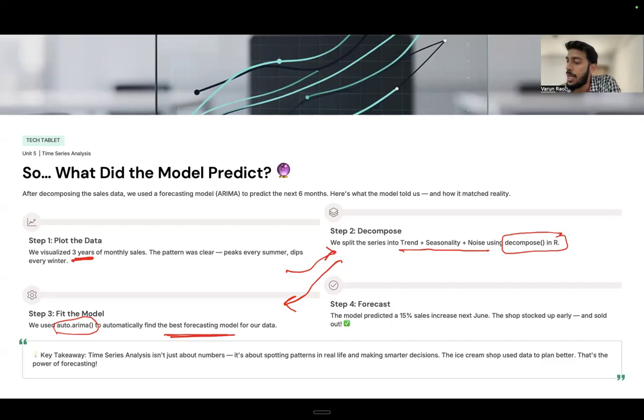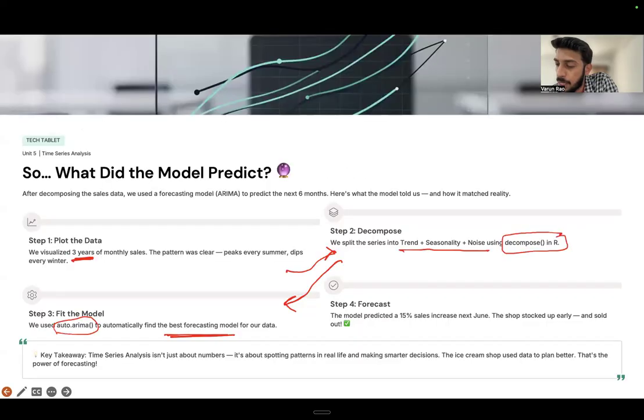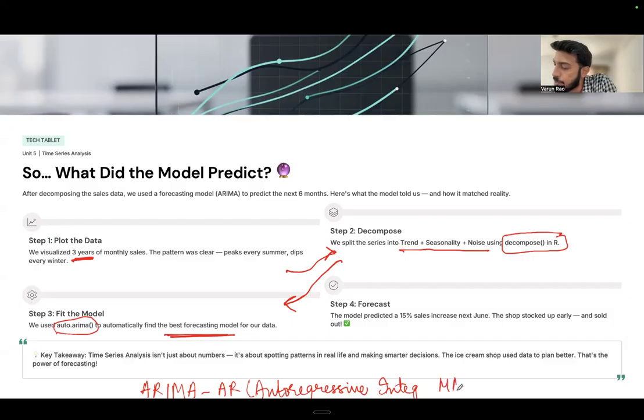Now, let us understand what ARIMA is. I'm just trying to mention the meaning of ARIMA here. So let me write it down. ARIMA. AR stands for auto-regressive. I stands for integrated. And MA stands for moving average.